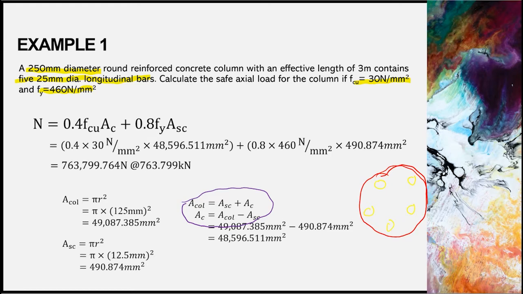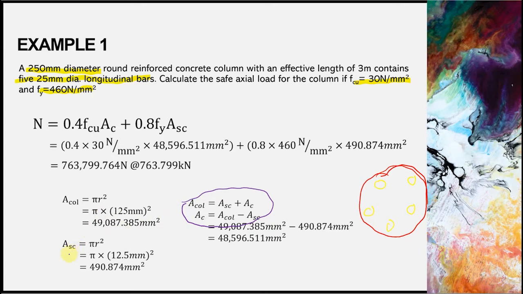Okay, just put in the area formula. So pi times r. Okay, r is radius. So we know that the diameter of our column is 250. So 250 divided by 2, we will get 125. Okay, so 125 to the power of 2, you multiply by pi, then you're going to get the area of column.